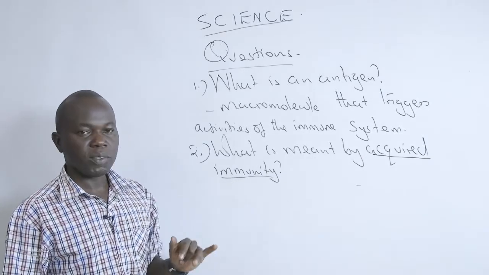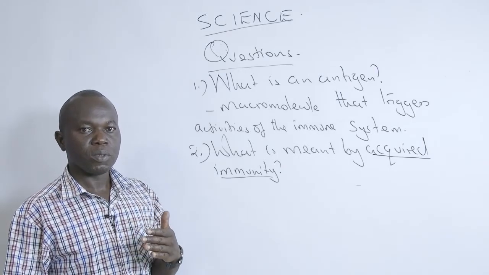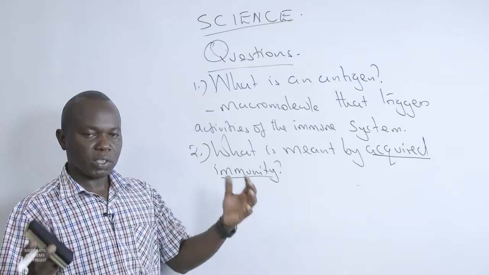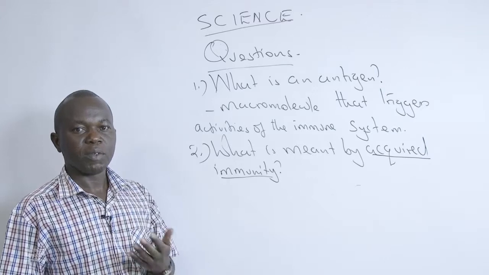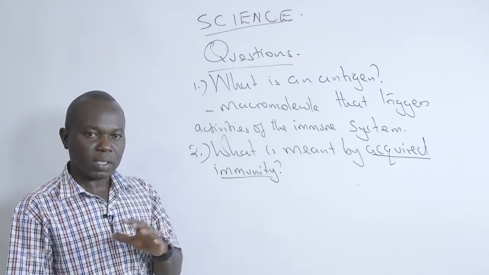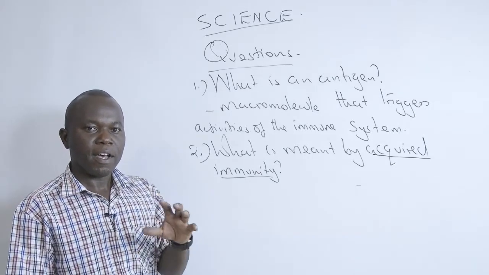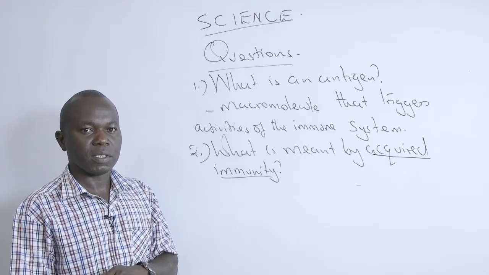For the acquired immune system, the body is going to be exposed to a pathogen either naturally through the natural environment or artificially, maybe through a vaccine. And then the body will recognize the pathogen, thereafter producing antibodies against that pathogen.